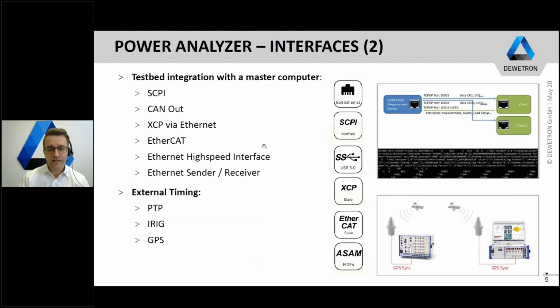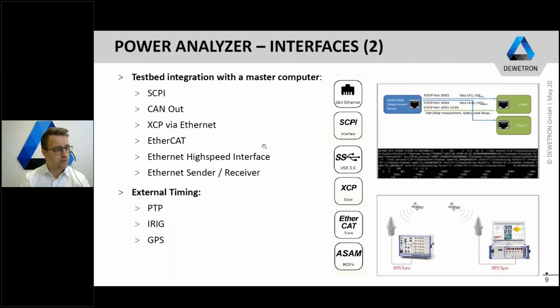Other common interfaces, so sending data over interfaces, is of course the second important part. Therefore, CAN out and XCP over Ethernet are always a part. EtherCAT should also be mentioned. What Dewetron offers additionally is the Ethernet high-speed interface to be able to communicate a huge amount of data, because we do data recording.